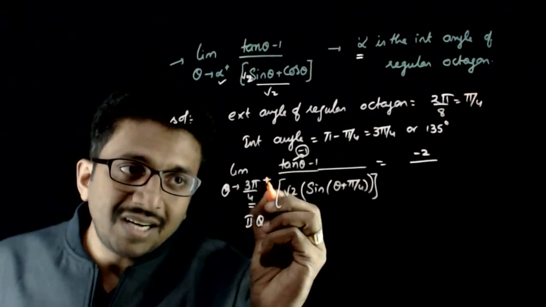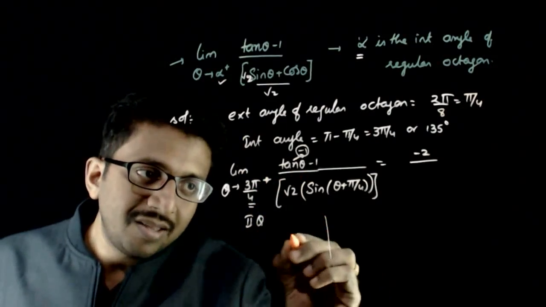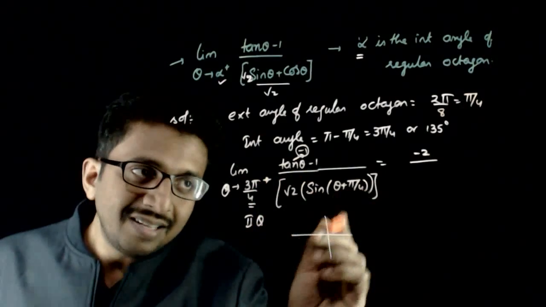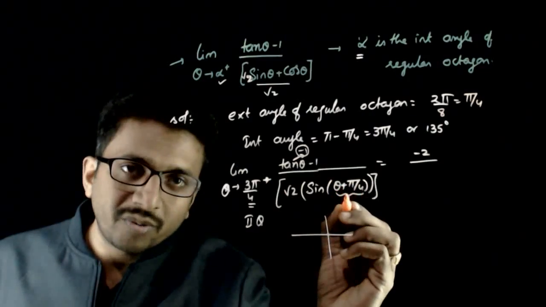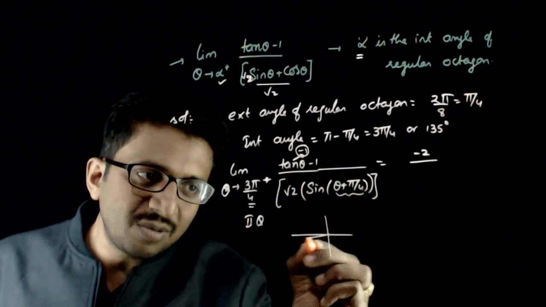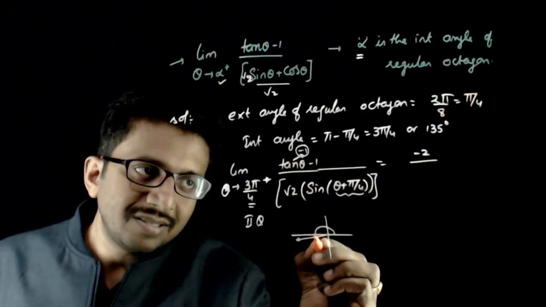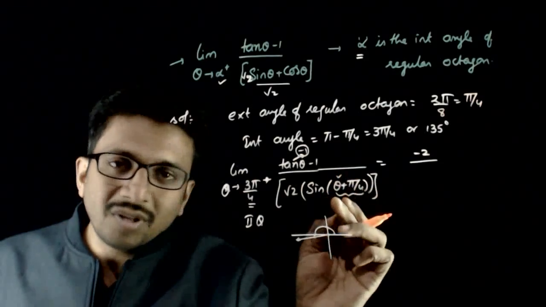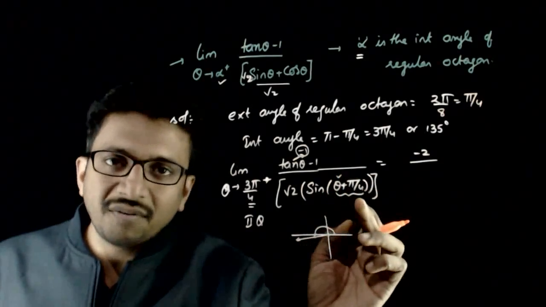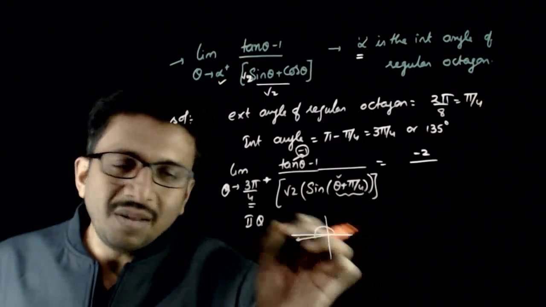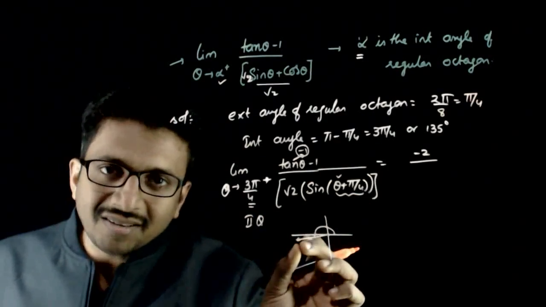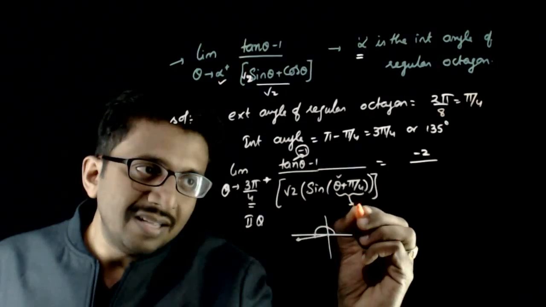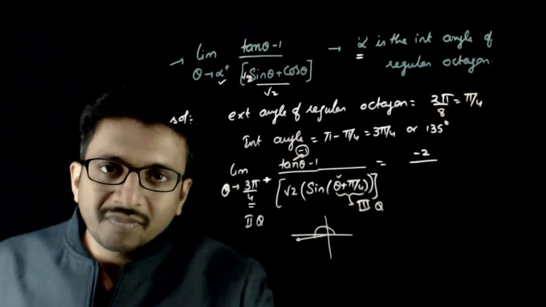But theta tends to 3 pi by 4 plus, so in sin of theta plus pi by 4, this theta plus pi by 4 is just more than pi, because theta is slightly more than 135 degrees. If you add 45 degrees, it is slightly more than 180 degrees. So this angle is in the third quadrant.